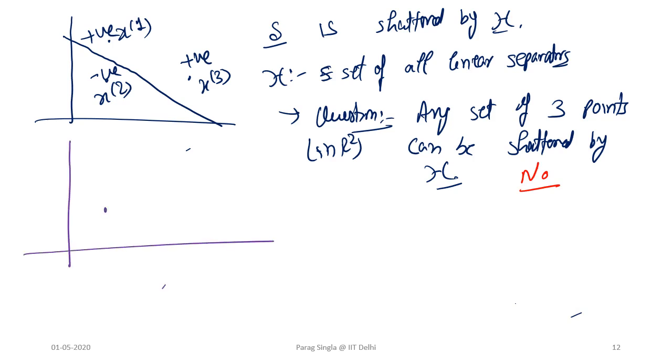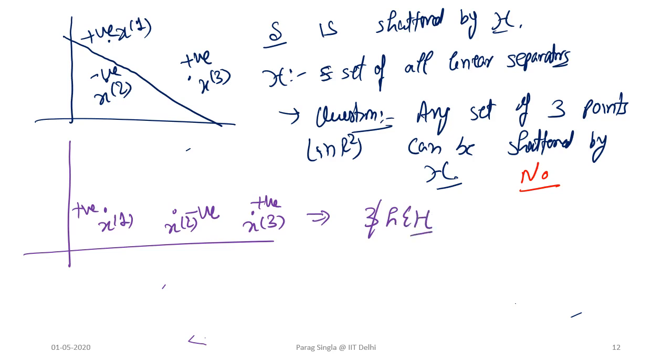Suppose I take my points to be collinear. If my points are collinear, then clearly, if I assign this to be positive, this to be positive, and this to be negative, there is no H belonging to capital H such that this particular labeling on the left is achieved.